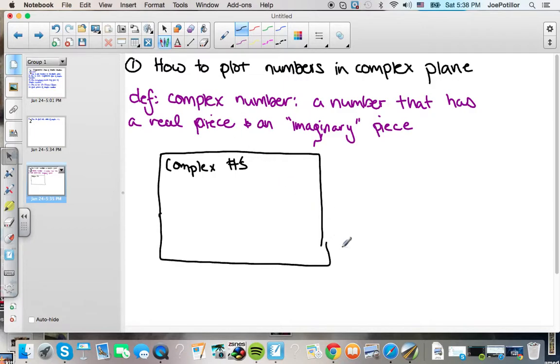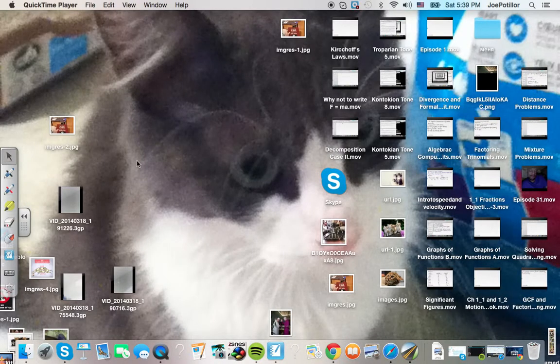And from within that, we have real numbers, and within that piece we have reals, and then we have rationals, irrationals, but I'm not going to go over that. The idea is that there's two pieces to a complex number. And this is all review. This is all going to be in the chapter 7 review.